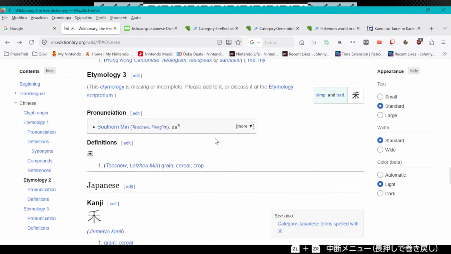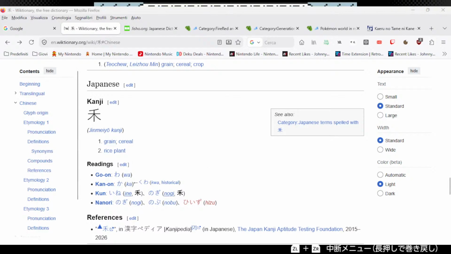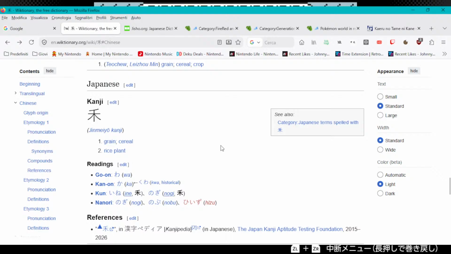But this kanji is a Jinmei kanji, so technically it's for usage in people's names. Jinmei, that's it. The Jin is the one we have already studied. It's the kanji for person. Mei is the one for name.